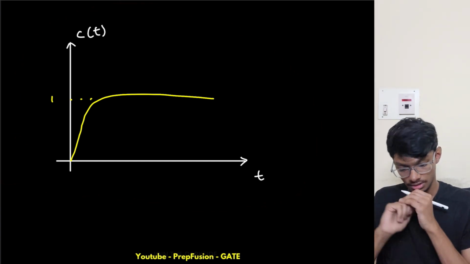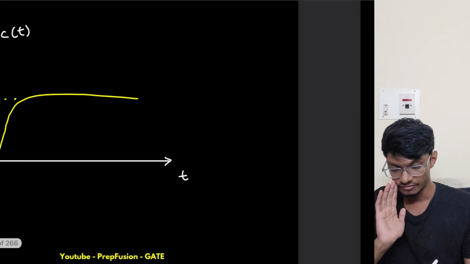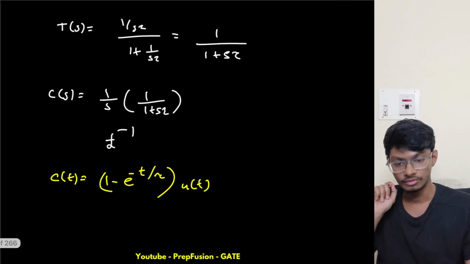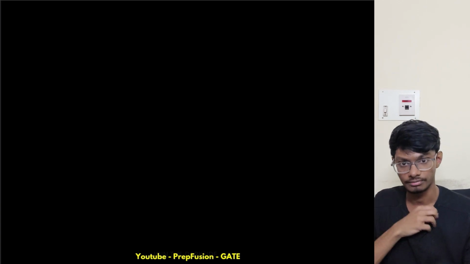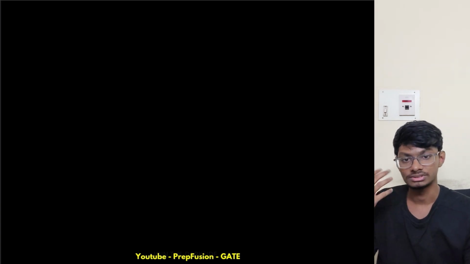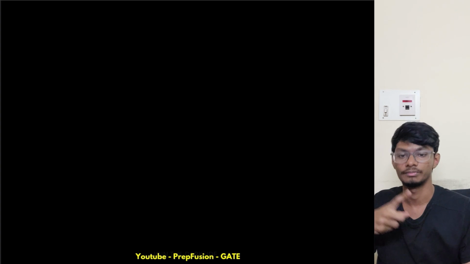Now one thing to note here is, if instead of a unit step I apply a step of magnitude A, and my system also has a DC gain of K, then what will my output be?